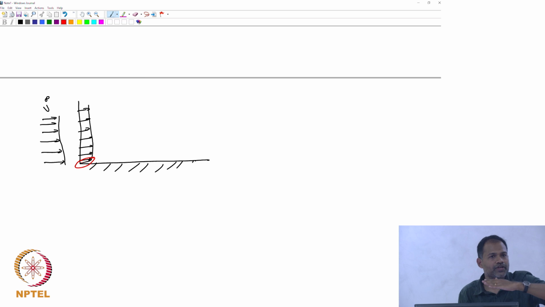But as it goes downstream, as it proceeds further, more and more layers are going to feel the effect of the solid plate, because the solid is exerting the drag. So after a while, if you look further downstream, you will see something like that.